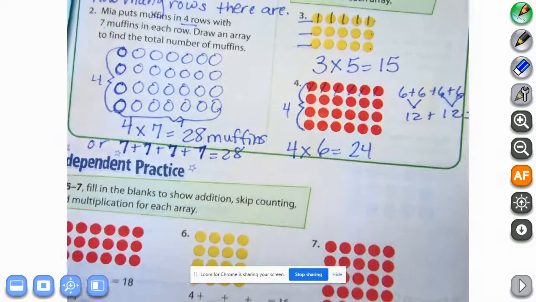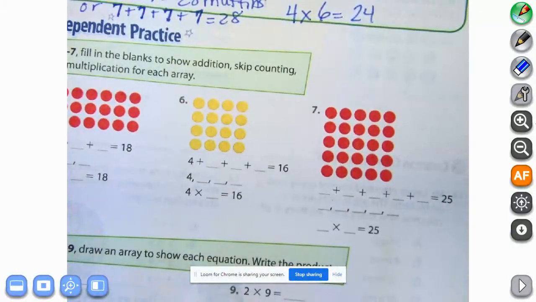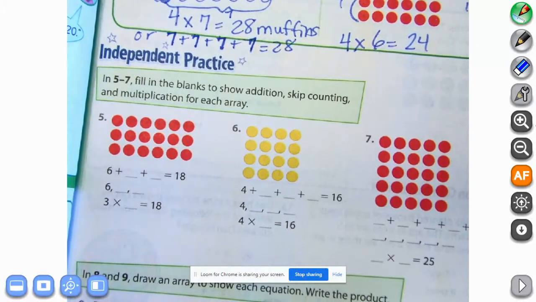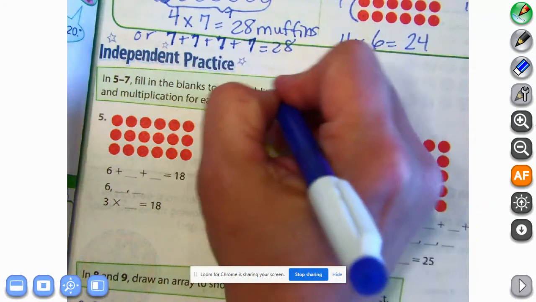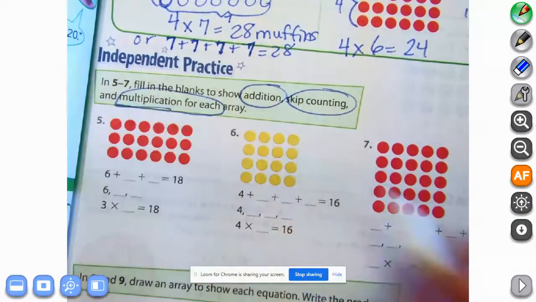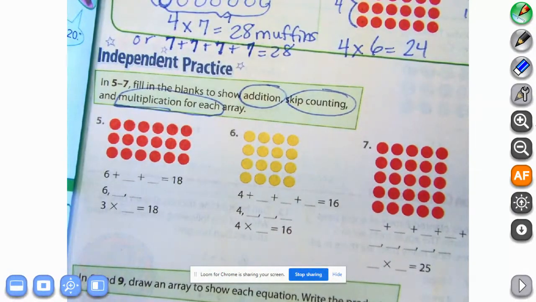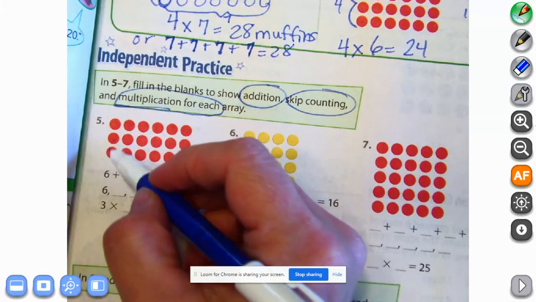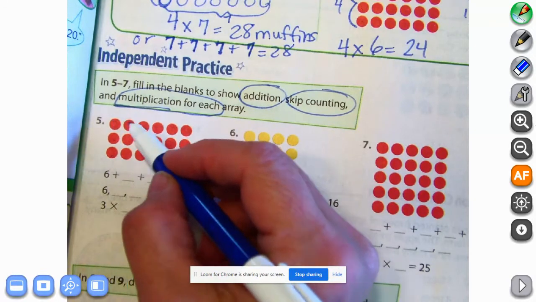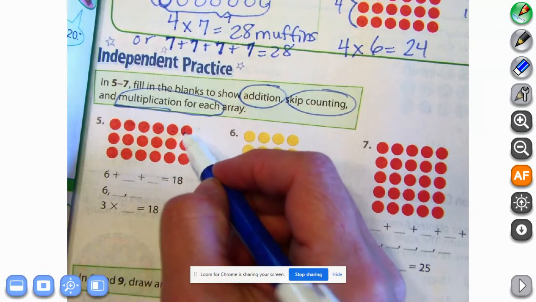All right, we're going to go down to number 5 through 7. In numbers 5 through 7, fill in the blanks to show addition and skip counting and multiplication for each array. Okay, so number 5, I see 3 rows, and I have 6 in each row.